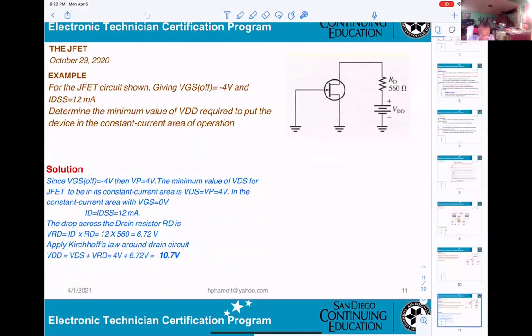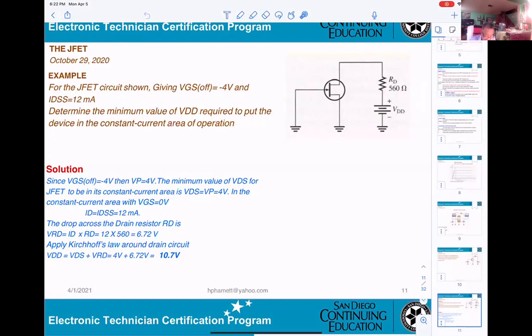Okay? So now they give you the JFET circuitry and channel, and they give you RD 560 ohm, and they don't know what VDD equals.